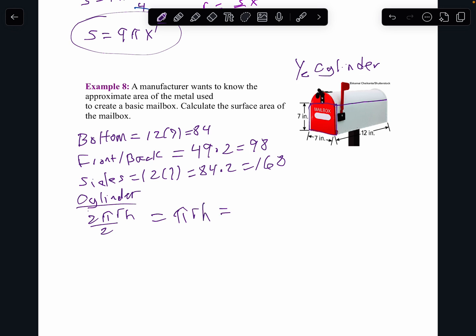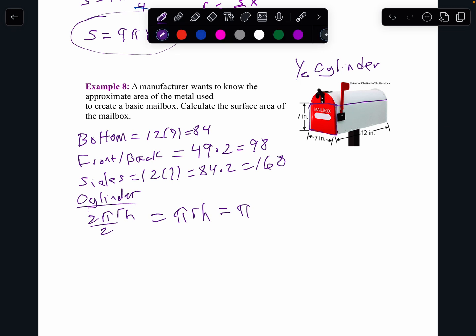So I take pi, my radius, if I take a look here, that's going to be, let me draw that in for us. Can't see that pink very well. Let's try green. So my radius is going to be half of the width of the mailbox, which is 3.5.